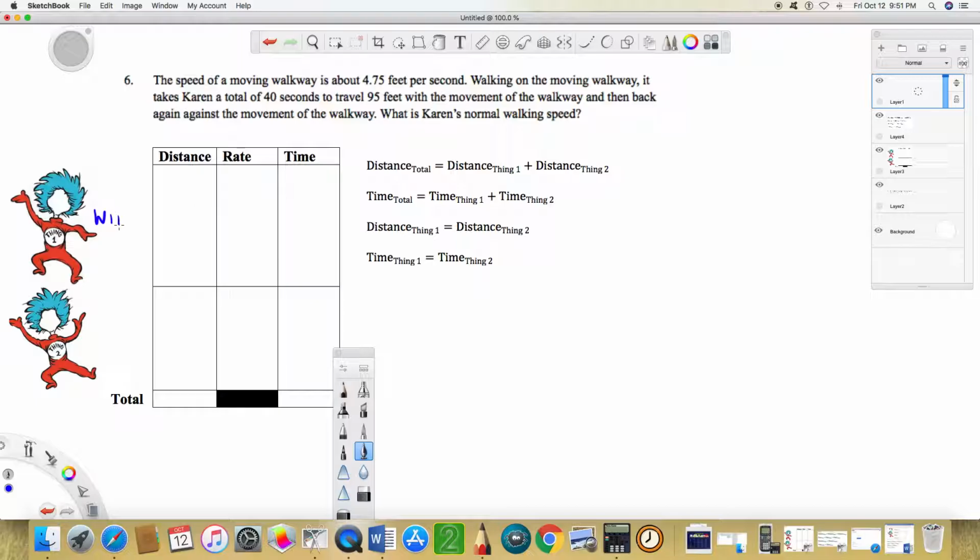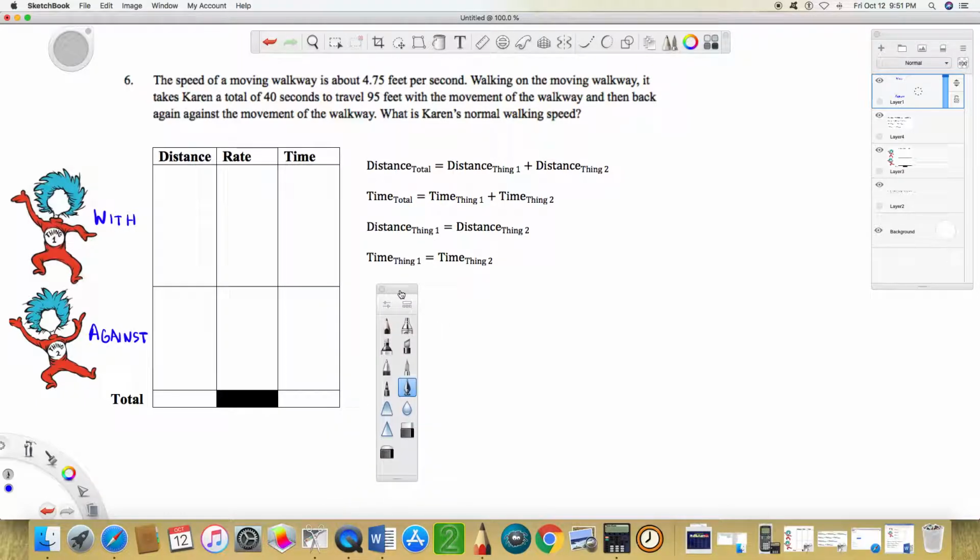With, you're walking with the walkway, or you're walking against the movement of the walkway. All right, so see if you can fill out the information in the table and then press continue.